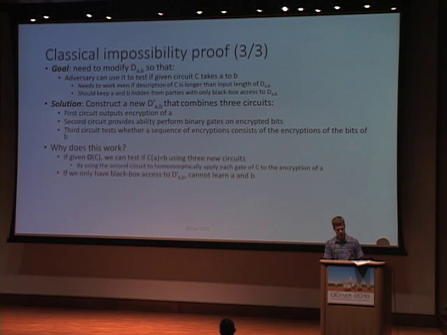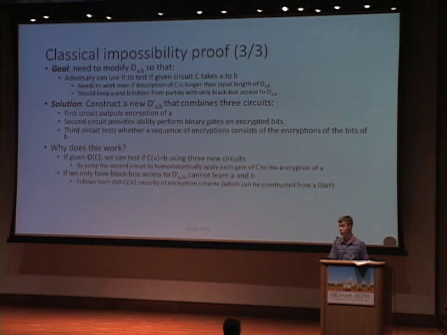But what we can prove, and this uses properties of the encryption scheme, is that if we have only black box access to D, we can't learn A and B, which is precisely the goal of this whole thing. If we could learn A and B from black box access to D, everything would be off. This follows from what we call IND-CCA1 security of this private key encryption scheme.